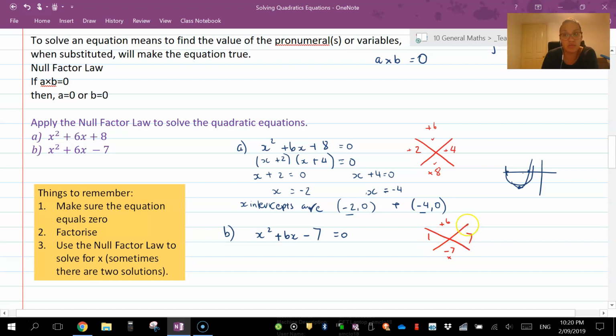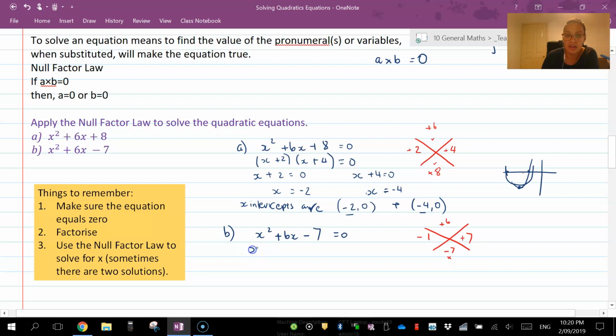There are no ifs, ands, or buts on that one because it's a prime number. But I do have a +6 and a negative here, so there's going to have to be some manipulation of positives and negatives. Plus 7 minus 1 gives us +6, and that's going to give us our factors.